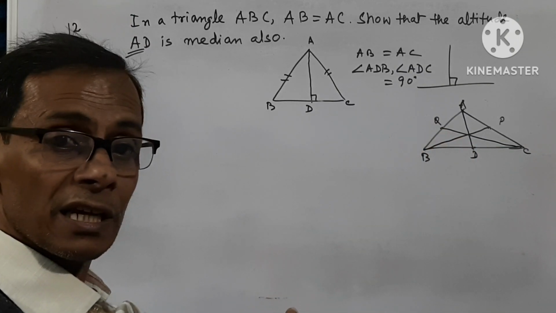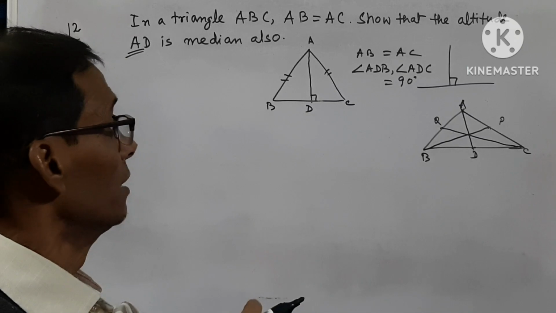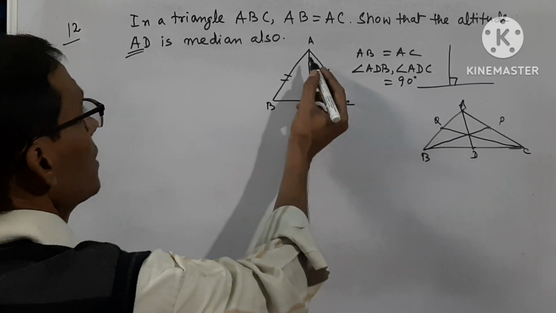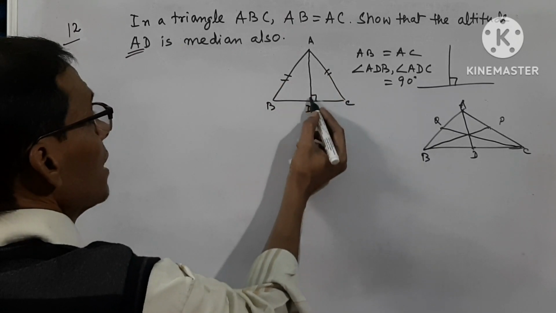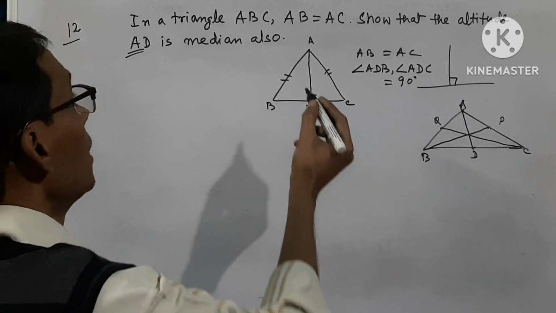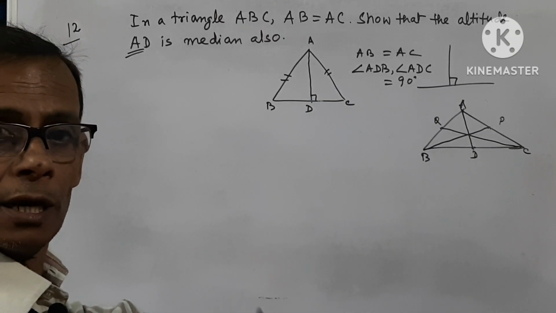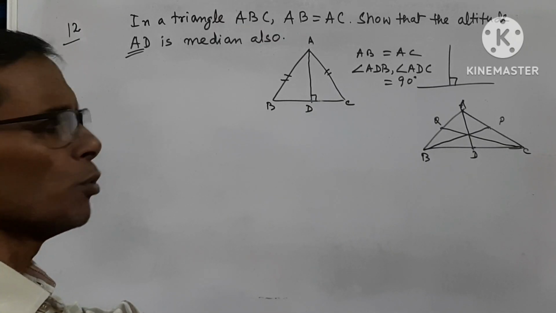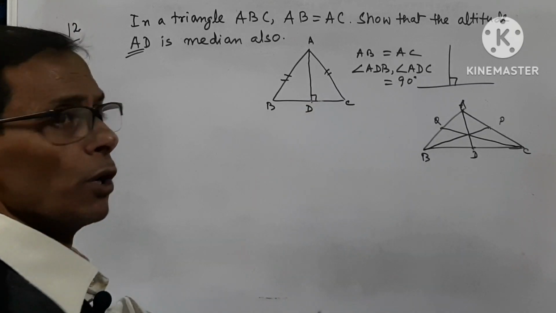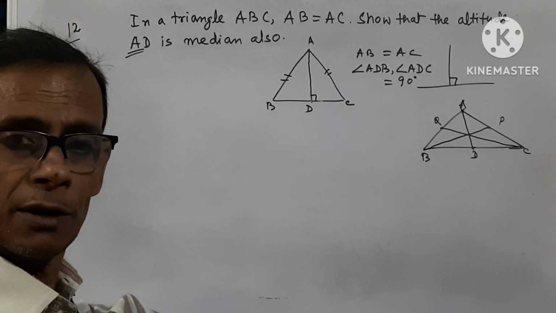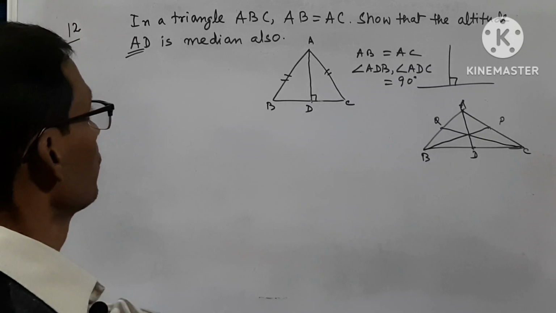So in every triangle there will be 3 medians. Here it is quite simple. It is given AD is the altitude and you have to prove that AD is also a median. So mainly we have to prove that D is the midpoint of BC. Then our work is done.